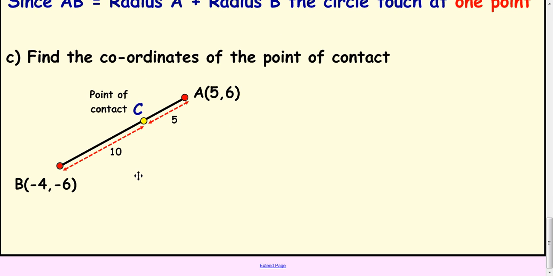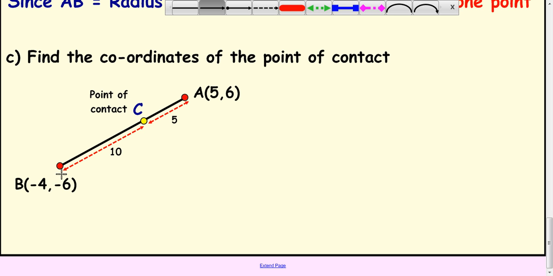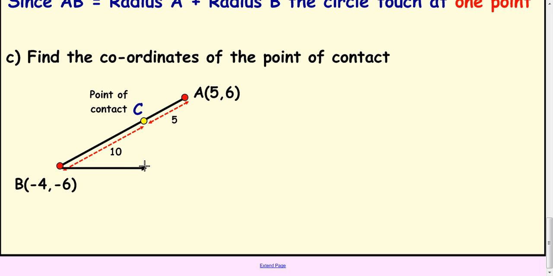What we need to think of is moving along the coordinate grid, along and up to get to here. Now if you think of ratio, then this yellow circle is 10 over 15.